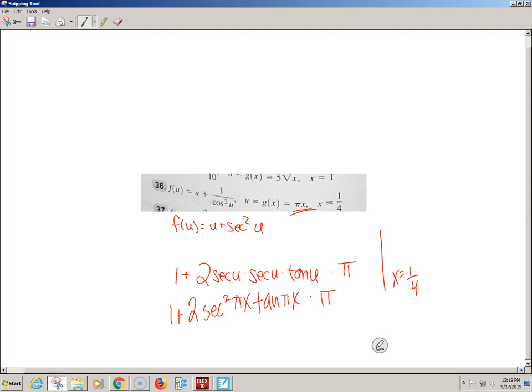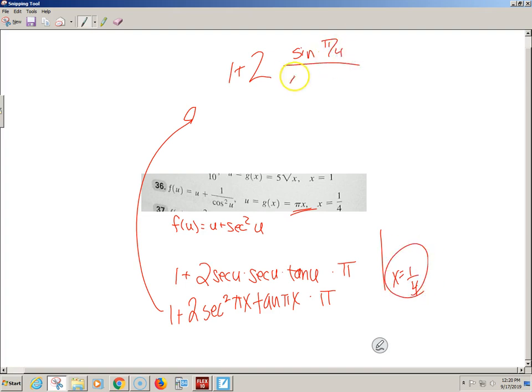I'm not sure it really makes life too much easier, but in my brain, I do kind of like sines and cosines better. So I think I'm going to make this sine of pi over 4, plugging in my x, all over cosine cubed of pi over 4, because I have 1 over cosine squared times sine over cosine.